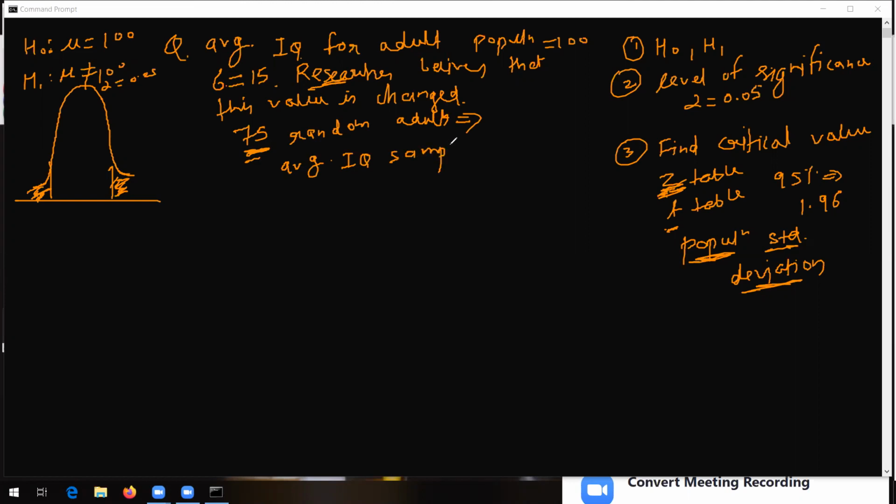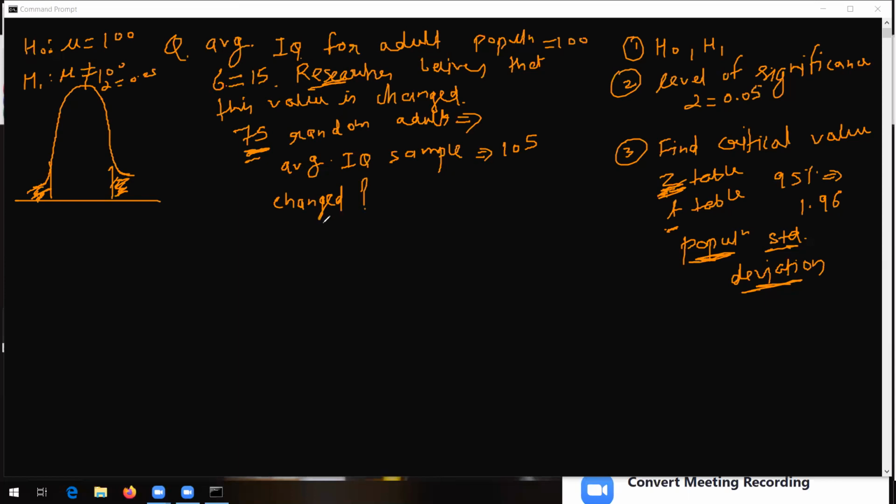I am talking about the sample. I already told you what is sample and what is population. Population is nothing but the complete data set. Sample is nothing but a part of the data set. So the average IQ of the sample he has now found out is 105. Now the question is, is there enough evidence to suggest that the average IQ has changed?